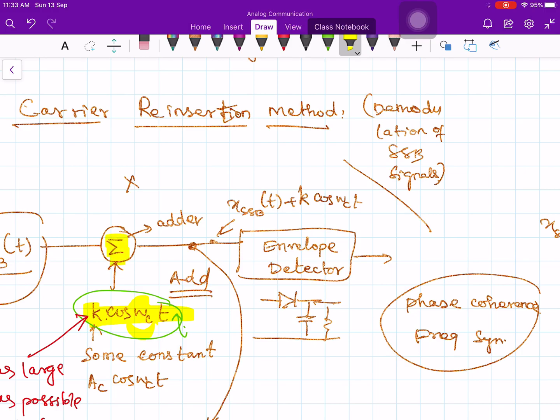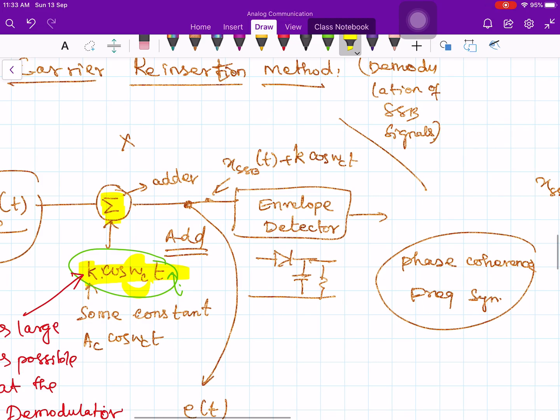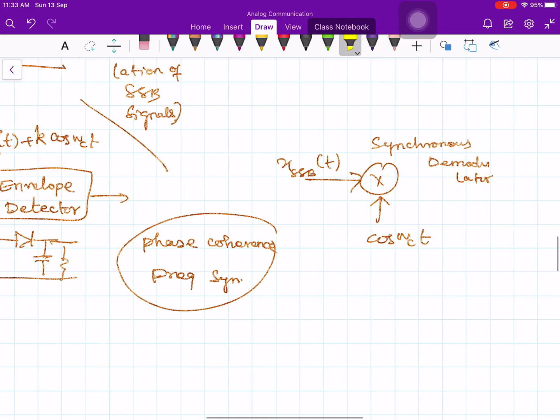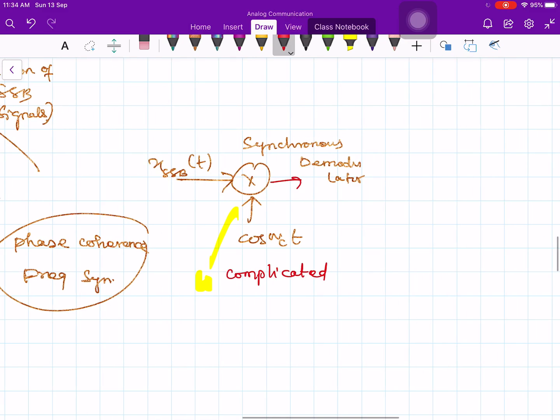Addition is much easier to manage than the multiplication operation, which is a little complicated. So the carrier reinsertion method is easier to manage, at least for applications like speech signals.